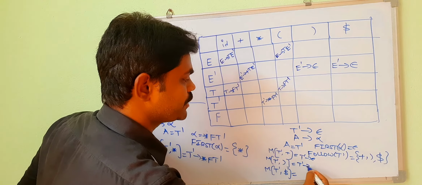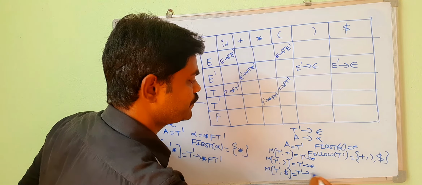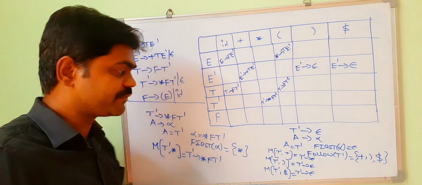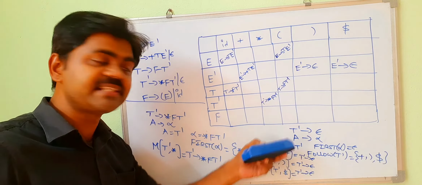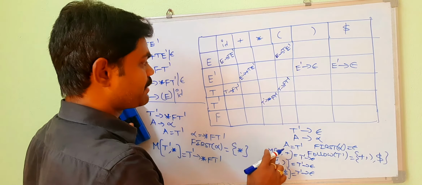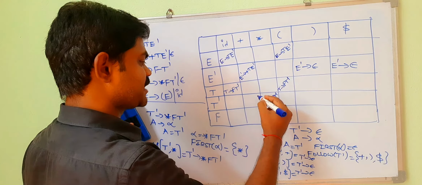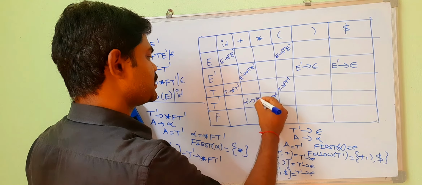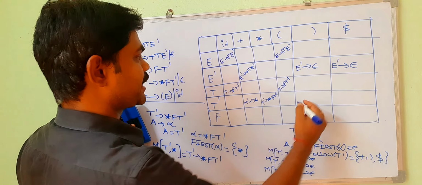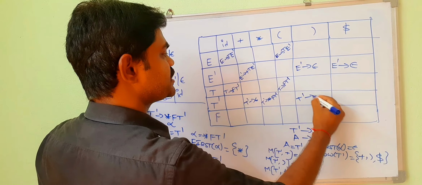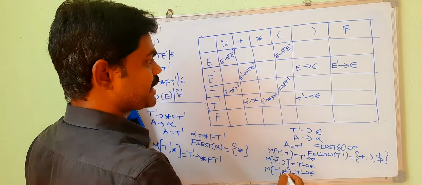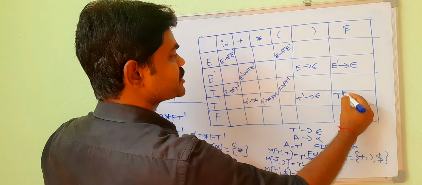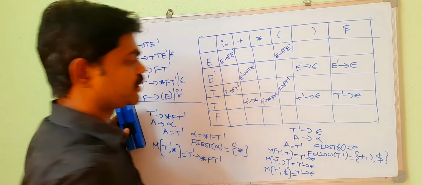Here also T dash tends to epsilon. So we should write T dash tends to epsilon in these three entries: T dash comma plus, T dash comma right parenthesis, and T dash comma dollar.